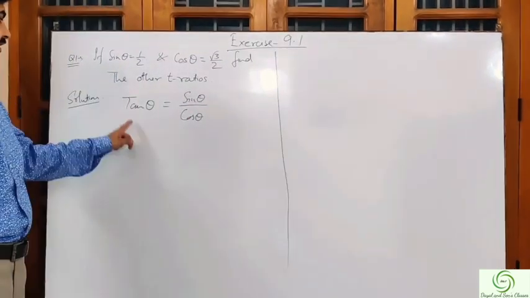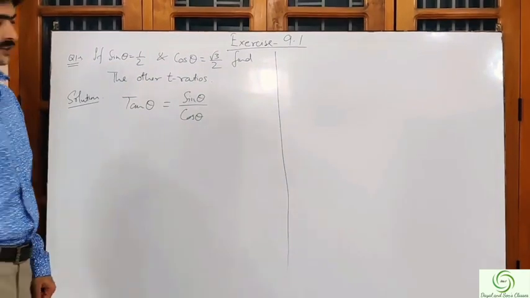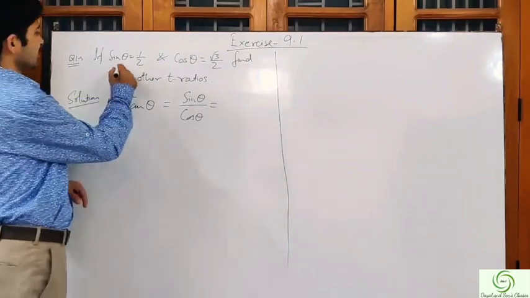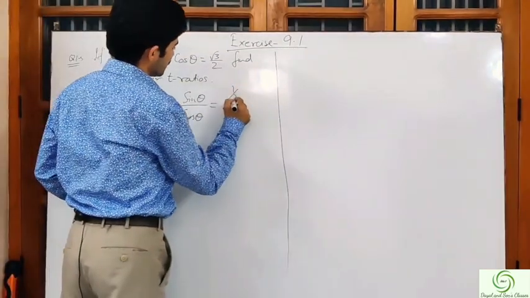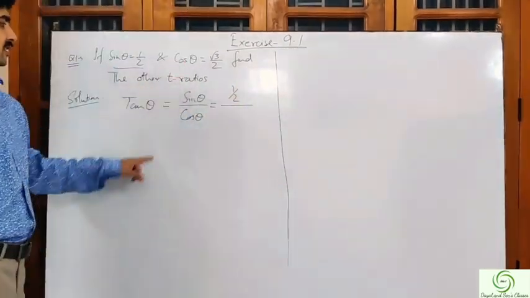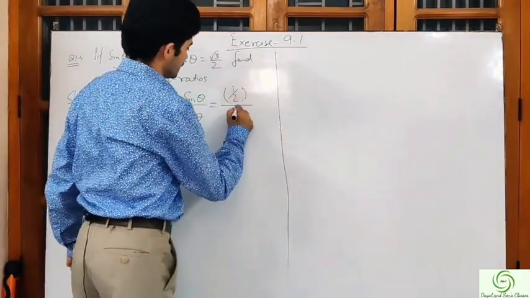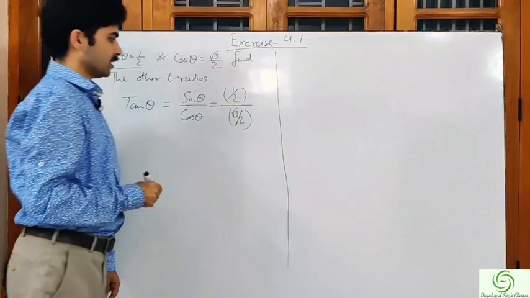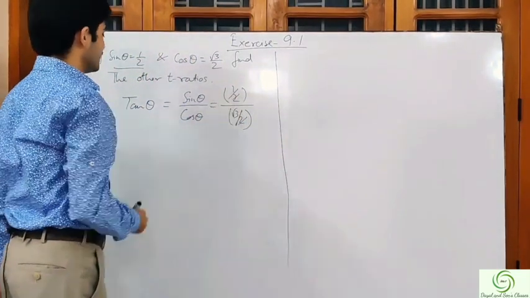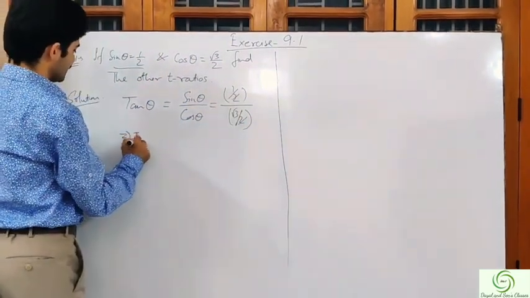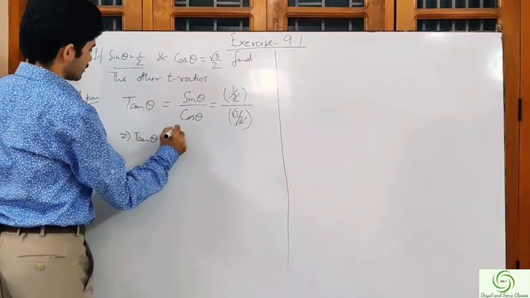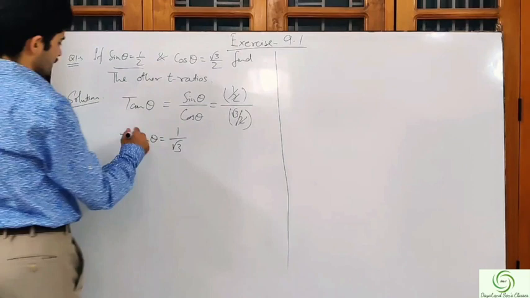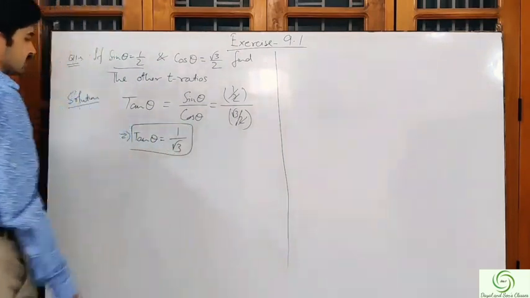This is equal to, now the value of sin theta is given to us as half, so 1 by 2, and cos theta is given to us as root 3 by 2. Now here 2 and 2 get cancelled, so what I am left with is tan theta is equal to 1 upon root 3. First ratio is tan theta is equal to 1 upon root 3.